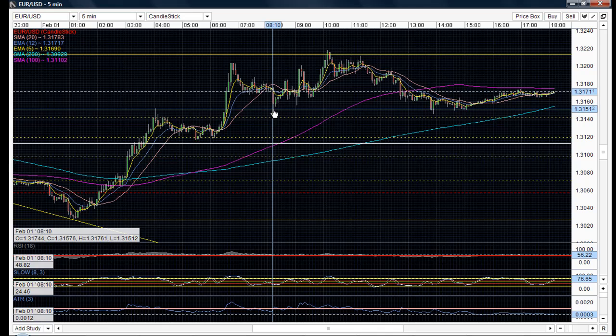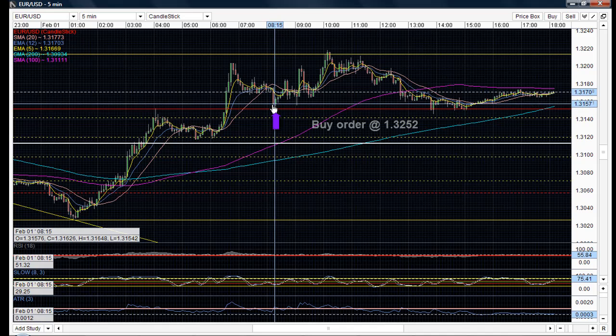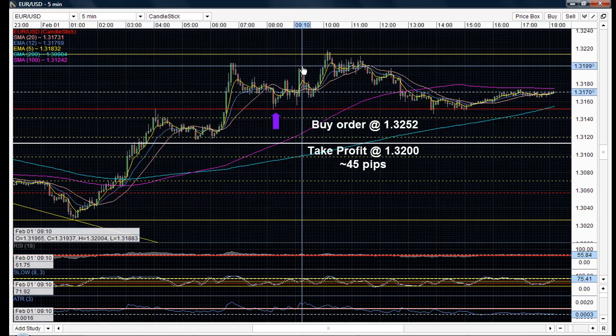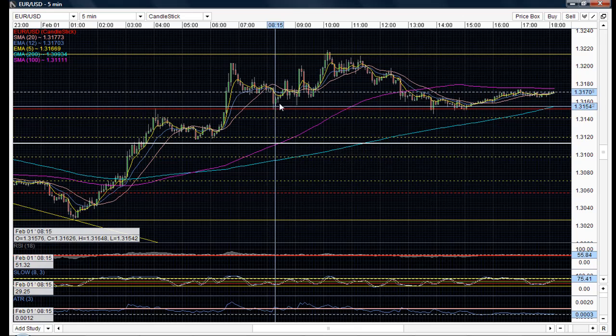So if you were in front of your monitor at this time, which would have been 8:10 Central Standard Time, you could have actually entered another buy order upon bullish confirmation, and you could have held onto this trade until it reached the 32.00 psychological level again for about a 45 pip trade. So then, of course, those were two trades you could have entered.